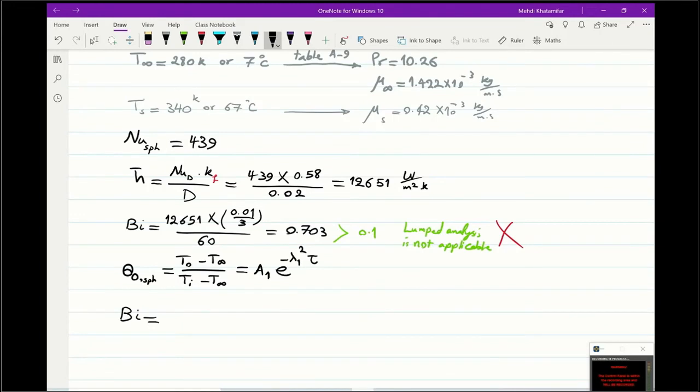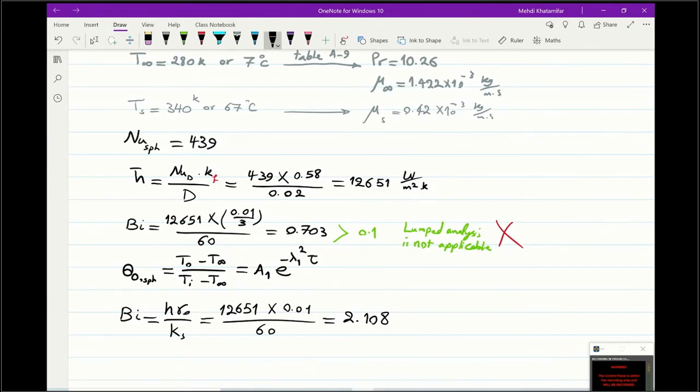So h r0 divided by k for the solid: 12.651 times the radius 0.01 divided by 60, which is going to be 2.108. Okay, this is the Biot number for using the above formula.